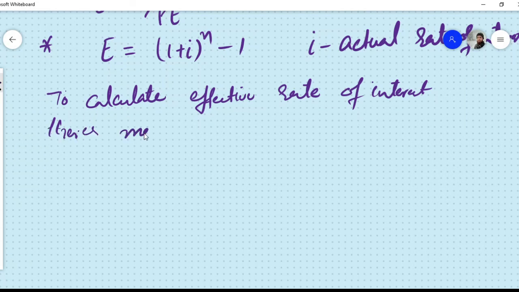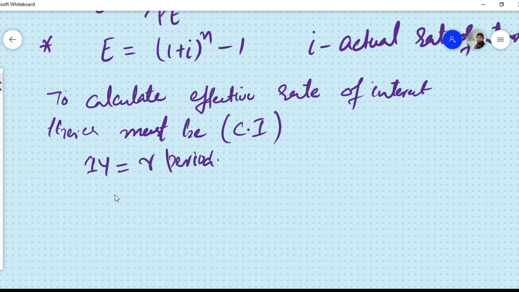To calculate E, that is effective rate of interest, there must be conversion periods, that is compound interest in conversion periods.